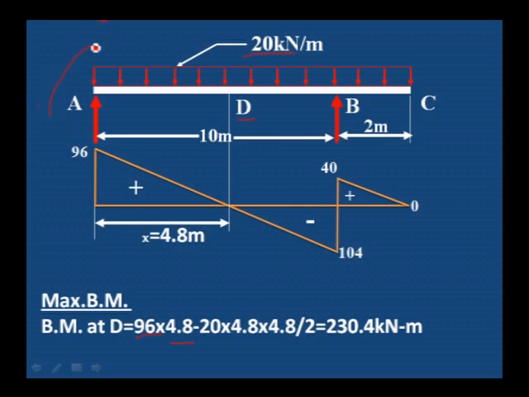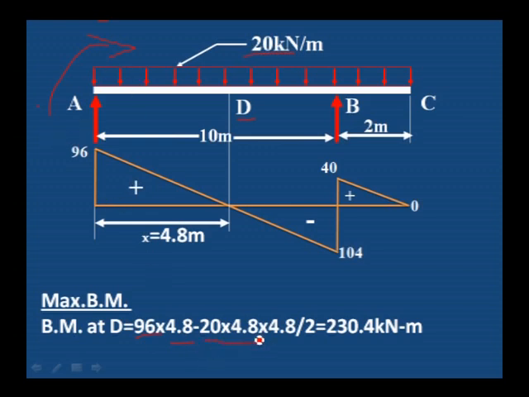If you take the left side direction, you have to consider the clockwise moment as positive and the anti-clockwise moment as negative. Reverse, if we are calculating the bending moment from the right side, clockwise will be considered negative and anti-clockwise positive. Here clockwise is considered positive and anti-clockwise negative.